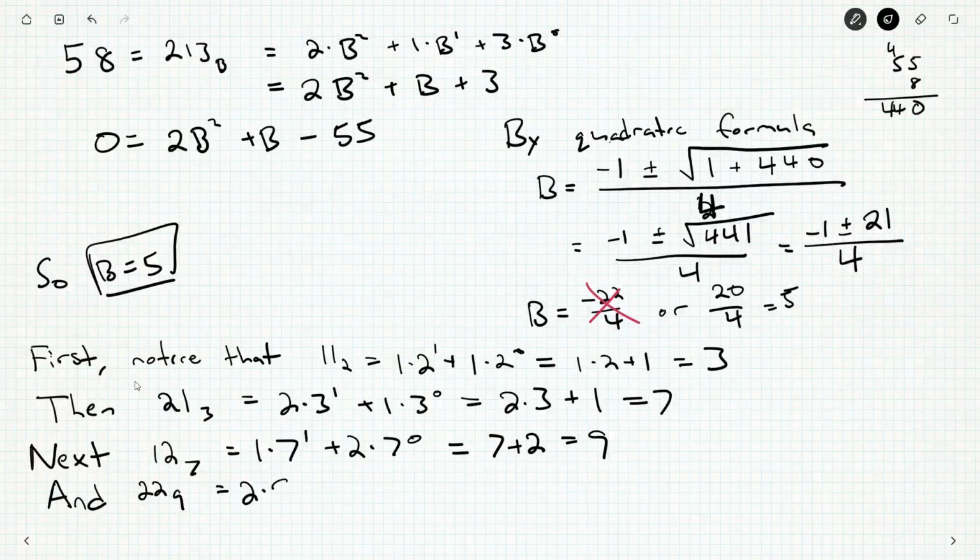So that'll be 2 times 9 to the 1 plus 2 times 9 to the 0. 2 times 9 plus 2, 20. Okay, we're running out of room, so we're going to go over to the next page, but I think now we're 2012 base 20.